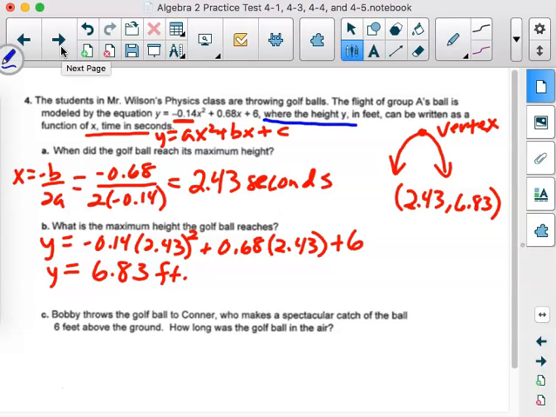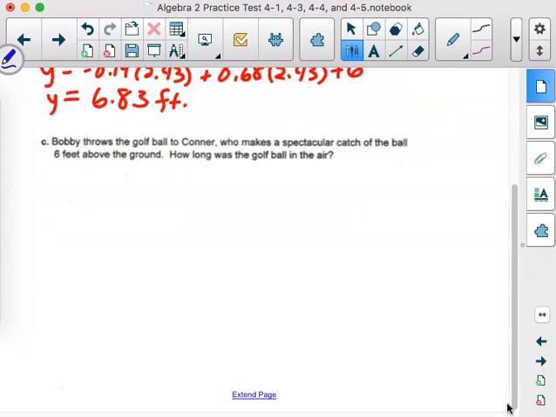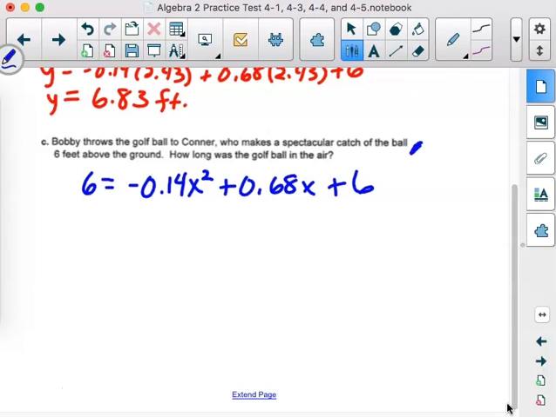The height y is in feet. So I'm going to have to put that 6 over here for y and see what happens. Okay. Well, what they're really asking me to do here is figure out where this is hitting the x-axis, because that's the ground.